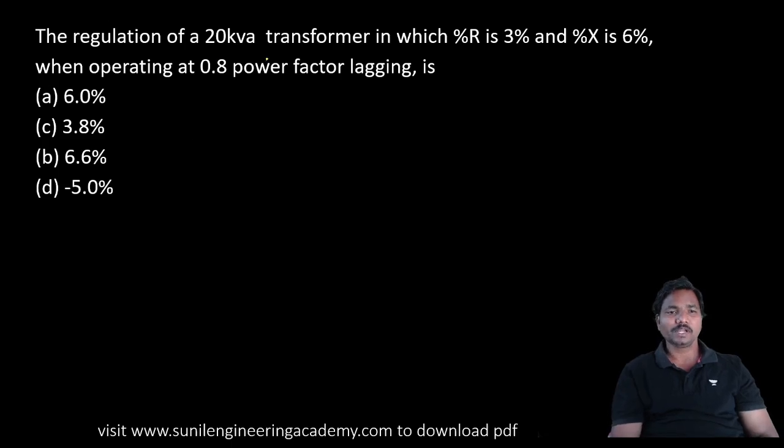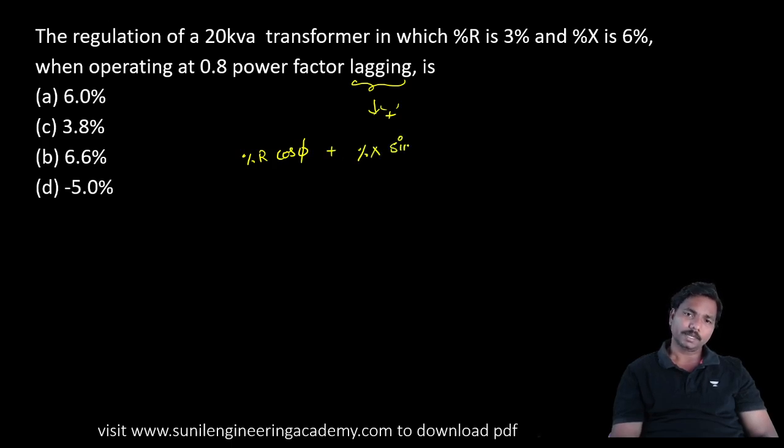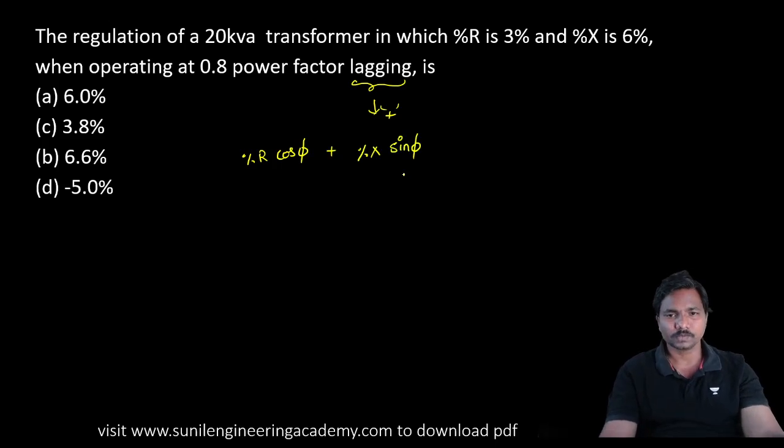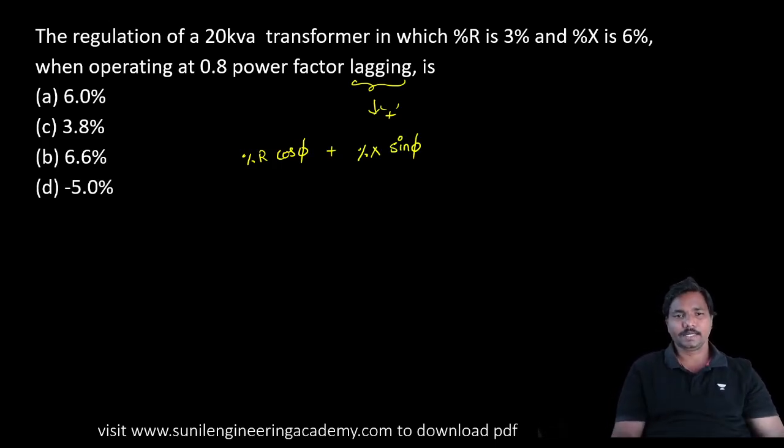The regulation of a 20 kVA transformer in which percentage R is 3%, percentage X is 6%, operating at 0.8 power factor lagging. Lagging means again positive we have to take: percentage R cos phi plus percentage X sin phi.